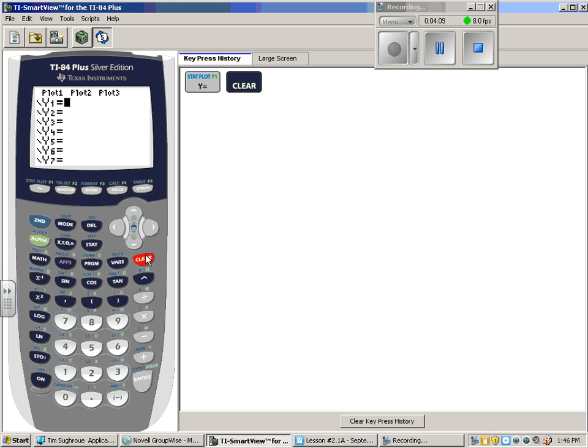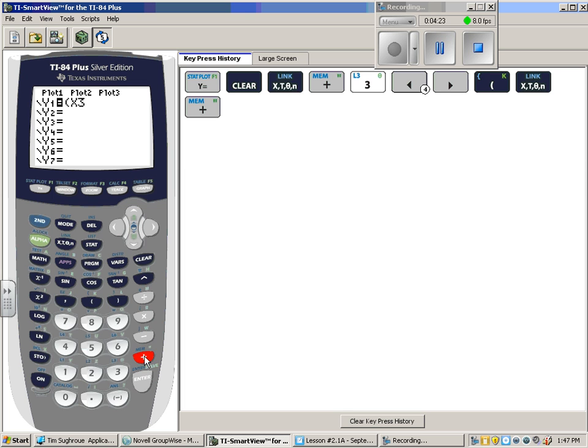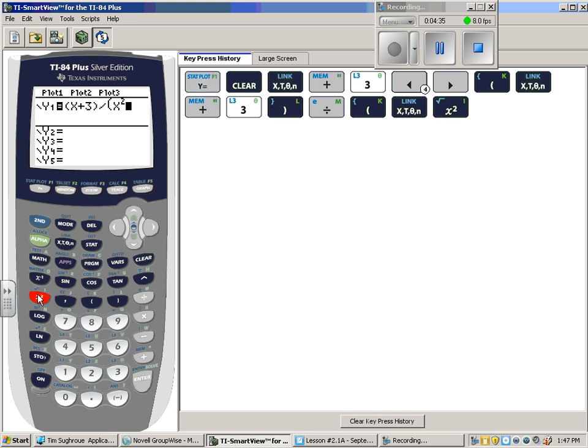If we clear this out, we go parentheses x plus 3, close the parentheses, divided by parentheses for the bottom, x squared plus 3x plus 1.